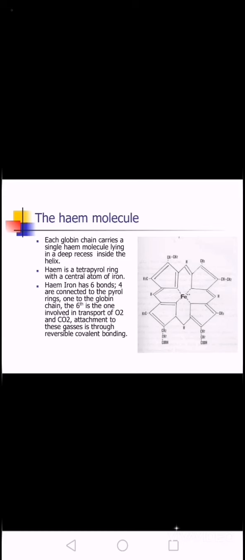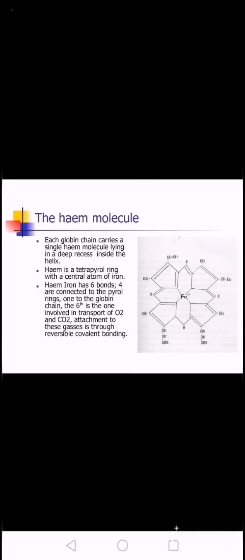About the heme molecule, each single globin chain carries a single heme molecule lying in the deep recesses inside the helicals, as we see in this figure. In the center of this globin chain there is Fe, which means iron.